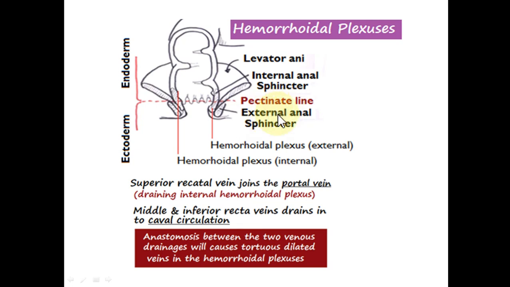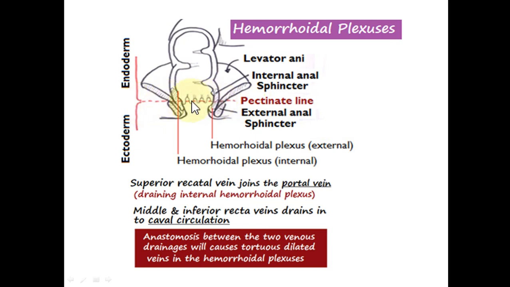If these plexuses are enlarged, they can protrude outside the anal canal, causing symptoms. Hemorrhoidal plexuses are essentially the rectal veins forming plexuses.